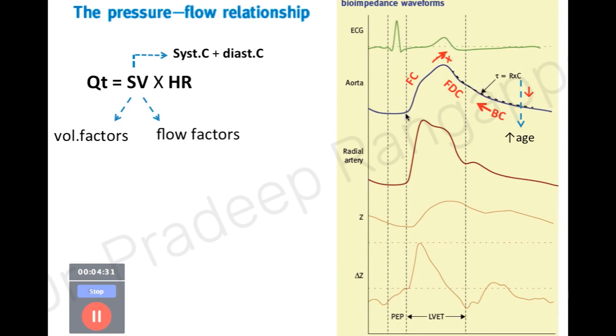The ejection part is represented by this forward compression, where there is a thrust of blood into the proximal aorta, and the peak systolic output is obviously limited by the aortic compliance, because otherwise, if you do not have compliance, this curve keeps shooting up. So the peaking of this curve is limited by the aortic compliance. The compliance of the vessels determines how much blood the bed can accommodate.